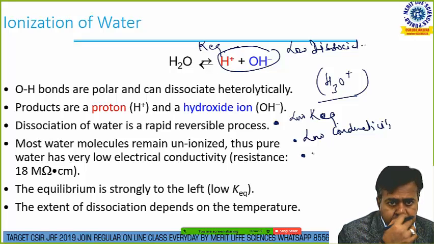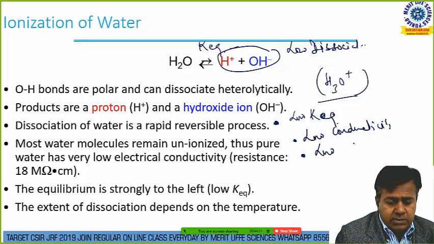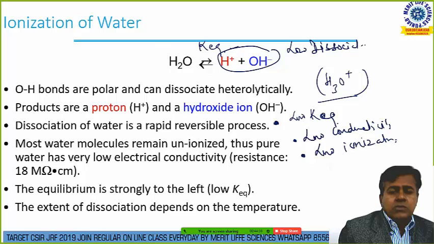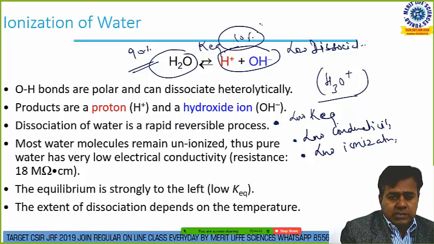Low ionization, right? That's why they have low ionization. So mostly you can say 90% of this H2O remains in the solution, only 10% is going to be ionized, right? So this is a kind of fact about the ionization of water, right?